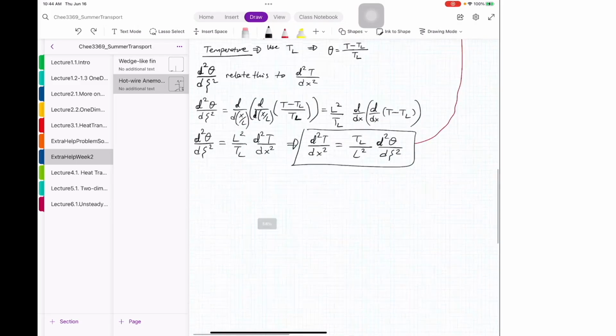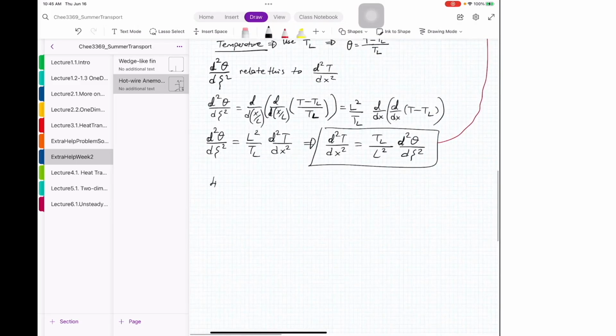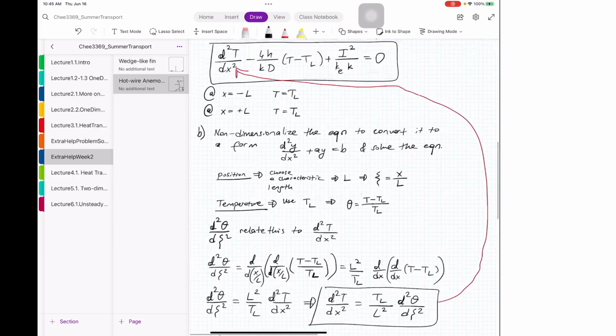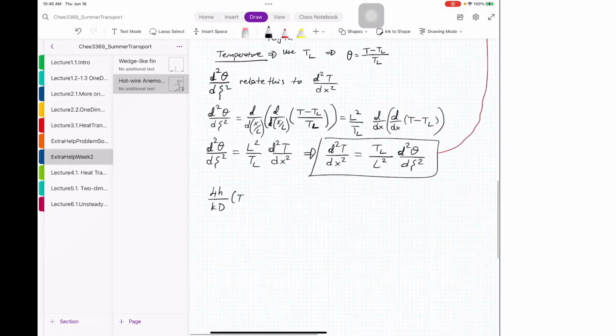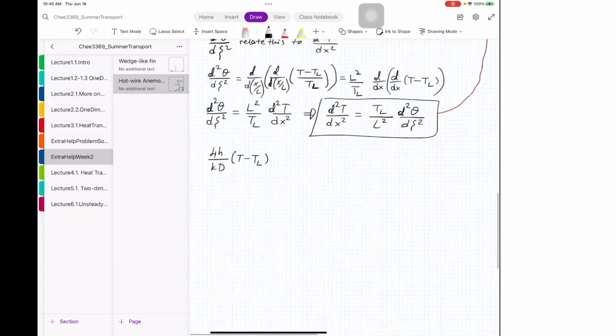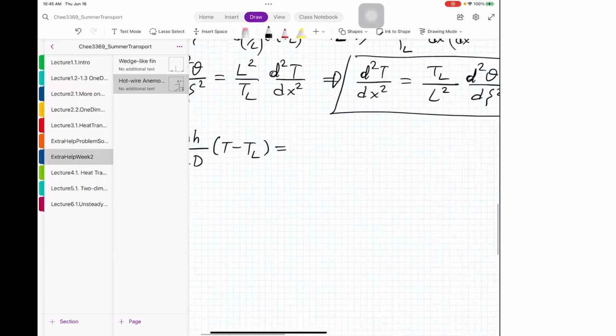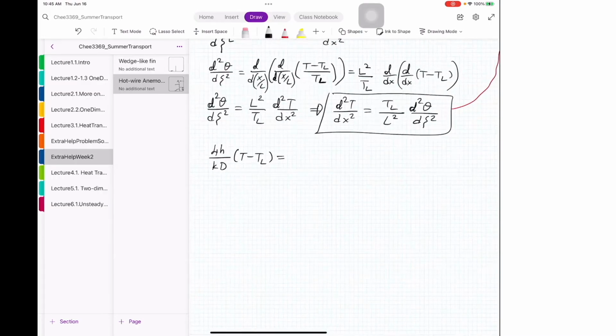And also let me get this done as well, for h over kd times T minus TL. It is equal to, you can divide and multiply by TL, to make it 4h TL divided by kd theta.